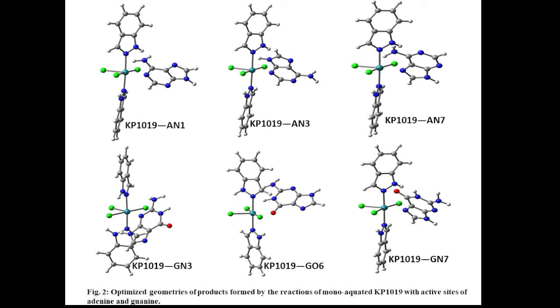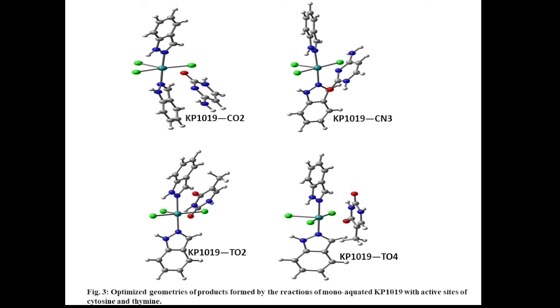So in figure 2, these are the optimized geometries of the products formed by the reaction of the monoaquated drug with the active sites of adenine and guanine: N1, N3, and N7 of adenine, and N3, O6, and N7 sites of guanine.